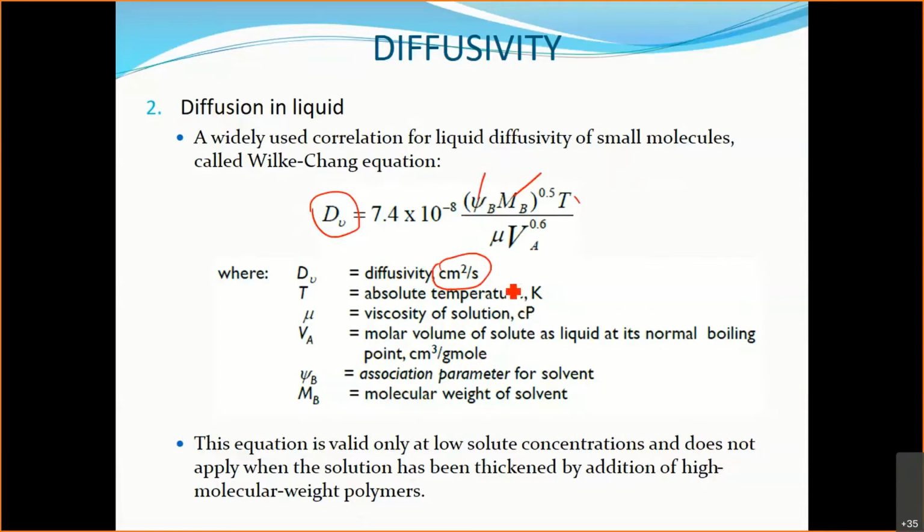Mu is the viscosity of the solution, and VA is the molar volume of solute as liquid. So if you know all these variable values, you can substitute into this equation and you can find the diffusion coefficient for the liquid.